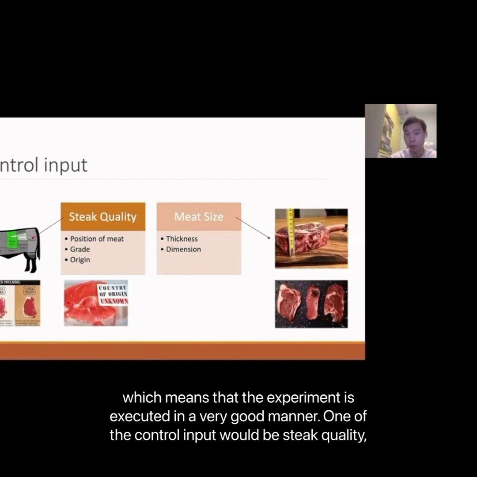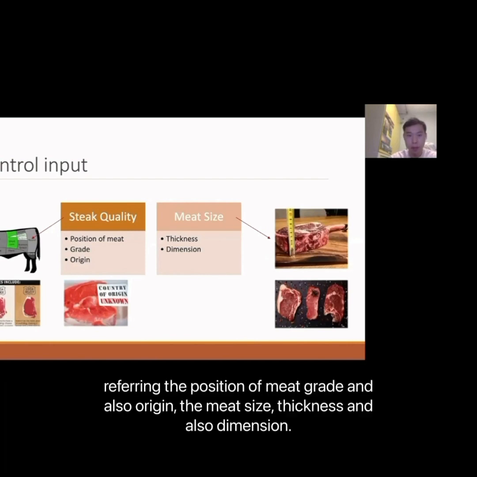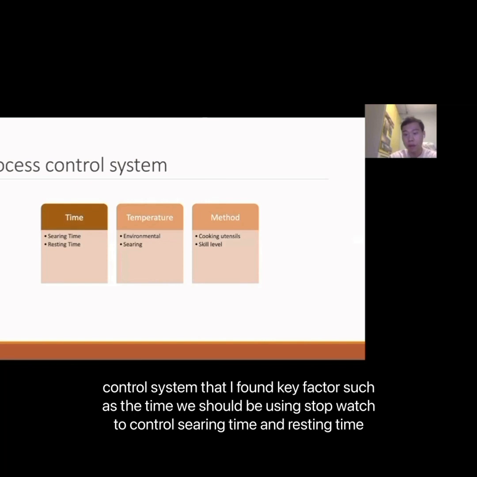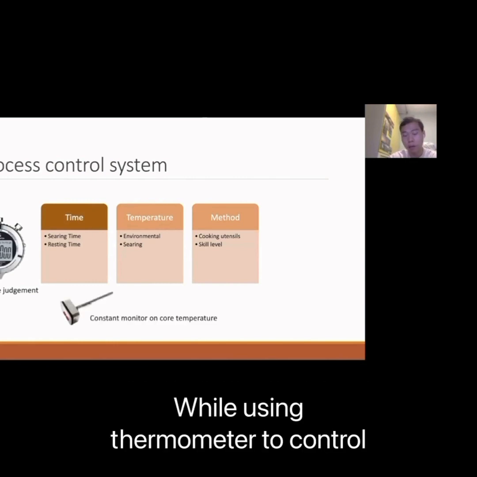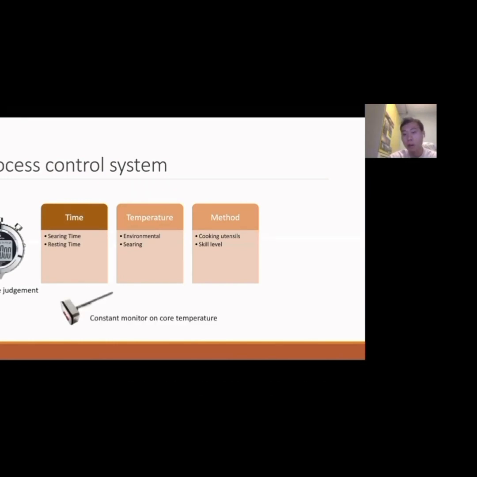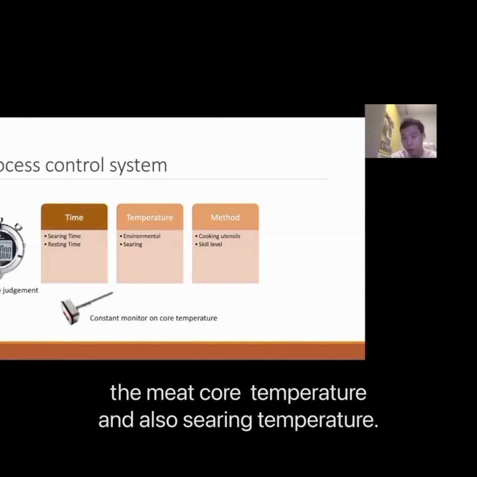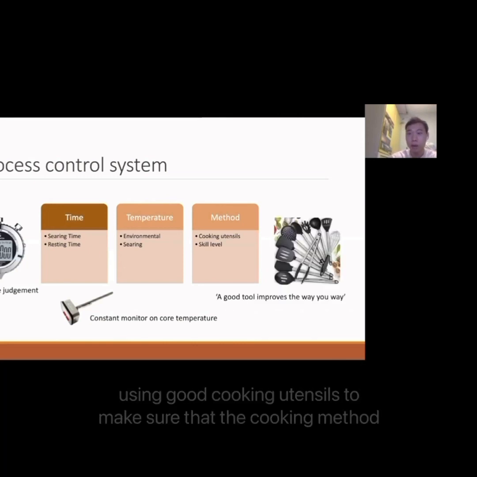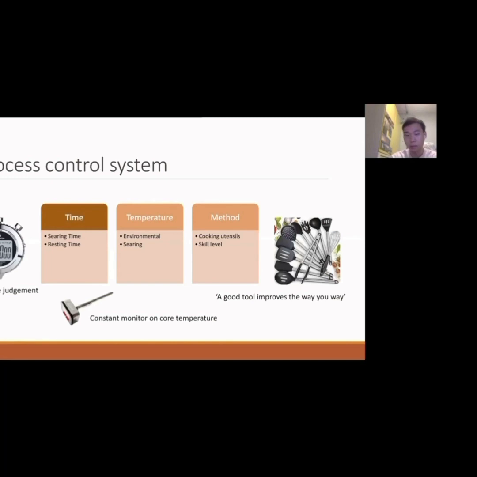One of the control inputs would be steak quality, referring to position of meat, grade, and also origin, while meat size covers the thickness and also dimension. Throughout the process control system, there are 3 key factors, such as the time, where we should use a stopwatch to control searing time and resting time, while using a thermometer to control the meat core temperature and also searing temperature. Using good cooking utensils makes sure that the cooking method is very consistent.